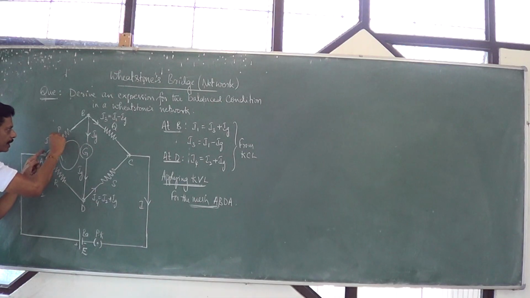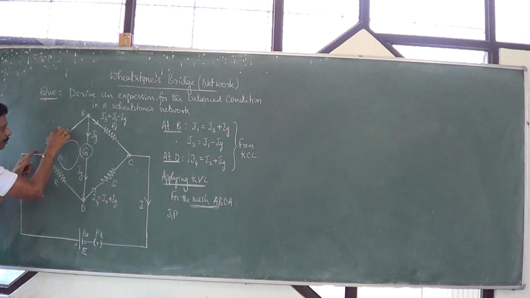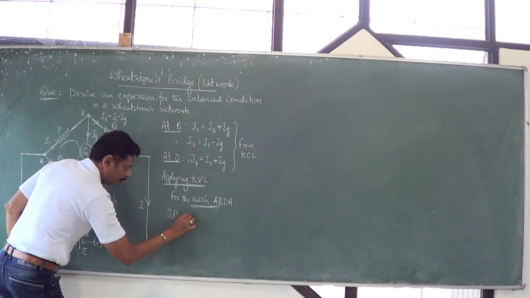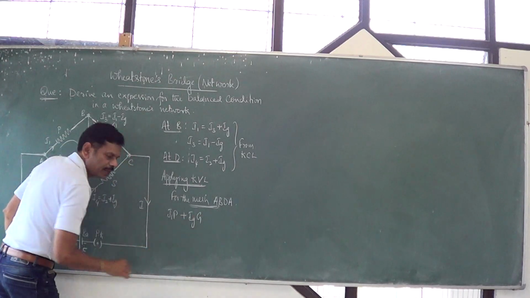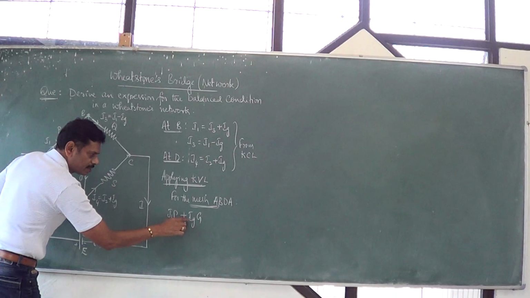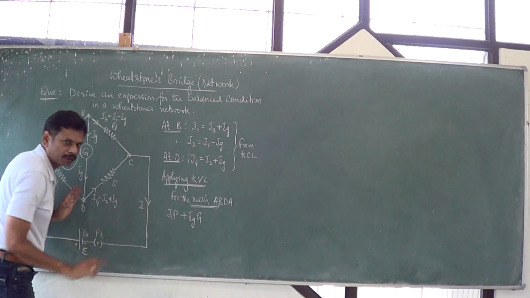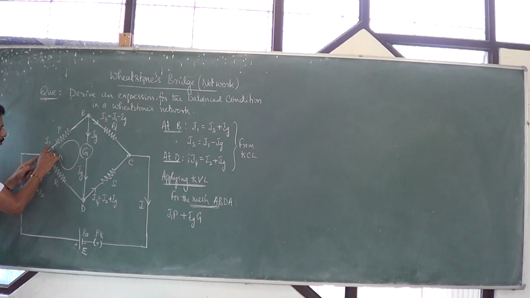So here I1 into P, plus IG into G, current into resistance, algebraic summation is equal to the sum of the EMFs. I1 into P, positive current into resistance, IG into G is finished.